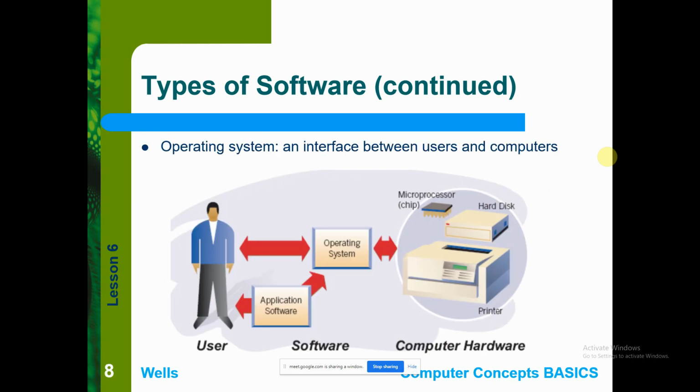So in this, let's visualize the interface between users and computers. We use the OS through application software to communicate with the OS and give out instructions to our hardware.